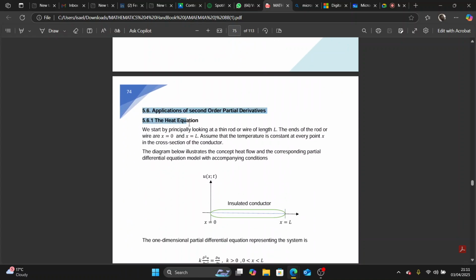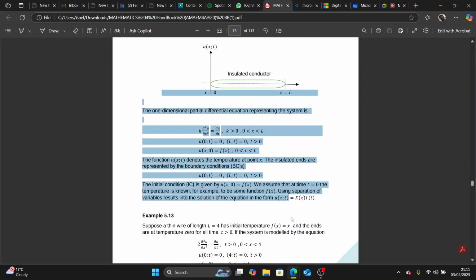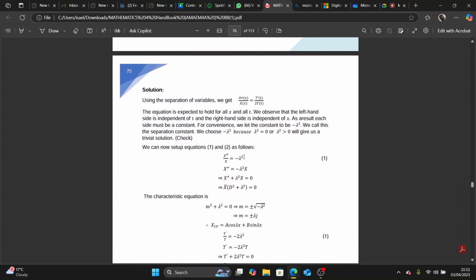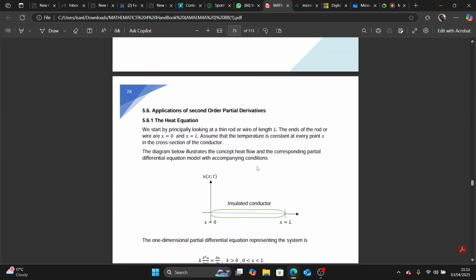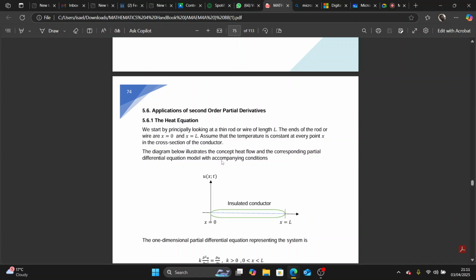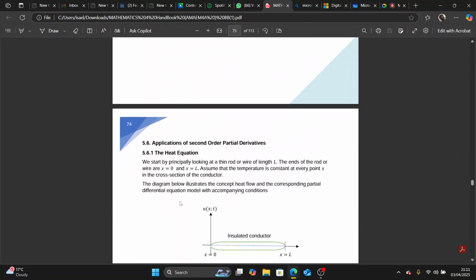But this is where you'll be having the main problem for your test when it comes to heat equation. This is where we're going to be focusing right now. Those separation of variable was just to show you that you're going to need it in the application here.